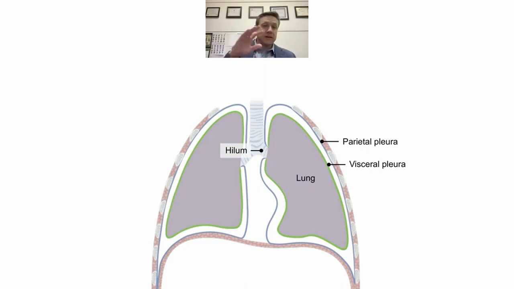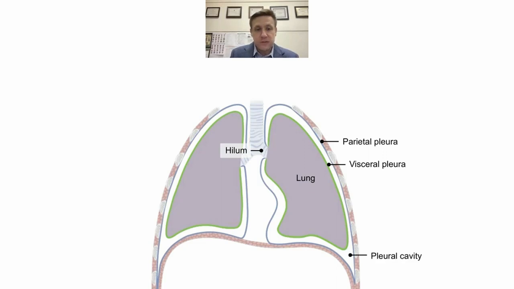And that parietal versus visceral explanation, adjective usage is the same when you get down in the abdomen. You talk about parietal peritoneum and visceral peritoneum. Parietal peritoneum would be lining the wall of the abdominal cavity, and visceral peritoneum would be something like lining the outside surface of your small intestine, for example.